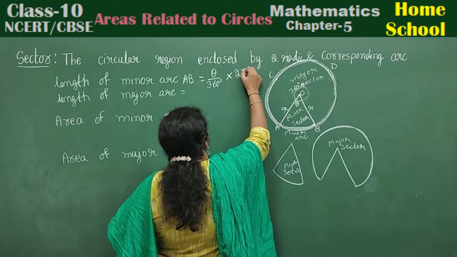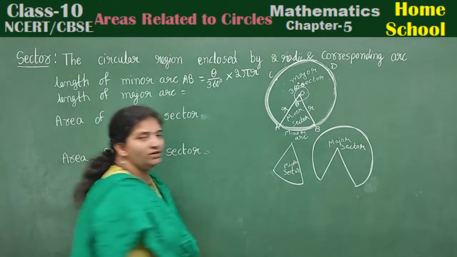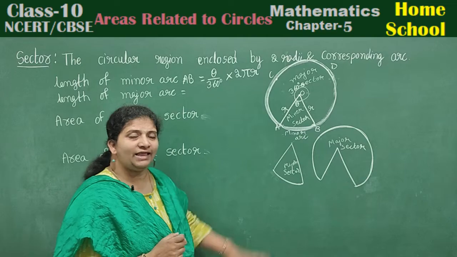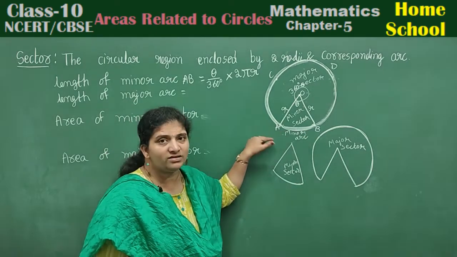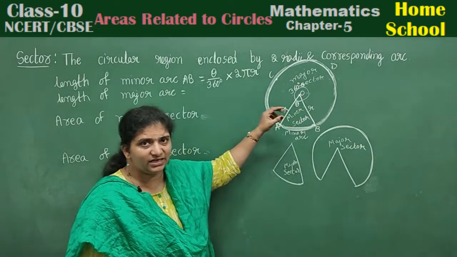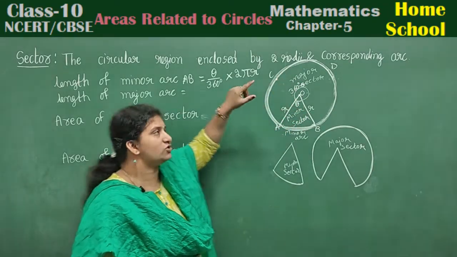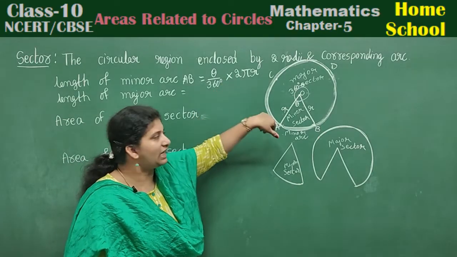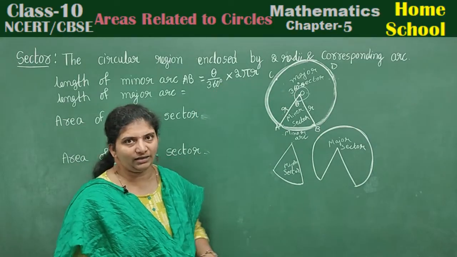This is very simple. Have to remember theta by 360 into 2 pi r. Length of the arc. Length deals with the circumference. Angle is theta. Complete angle is 360. Part of 360, so I write it as theta by 360 degree into circumference 2 pi r.